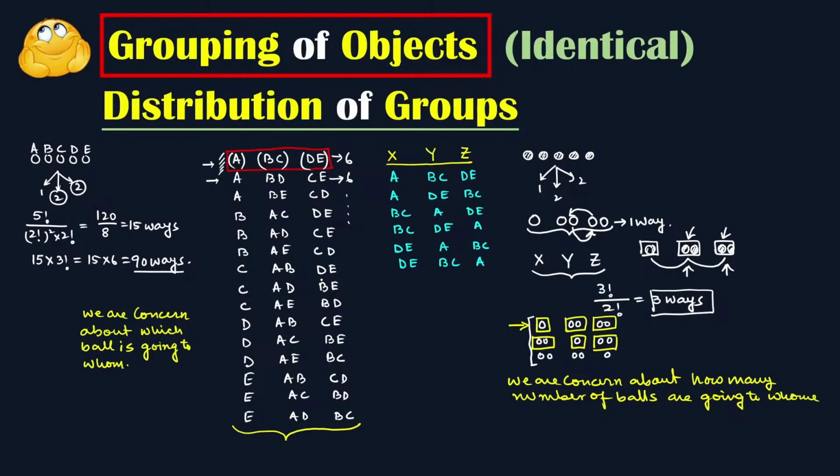But for distinct objects, let us consider this one. X is getting A, Y is getting BC, and Z is getting DE. But in the second case, which is another way of distributing, X is getting A, Y is getting DE, and Z is getting BC.